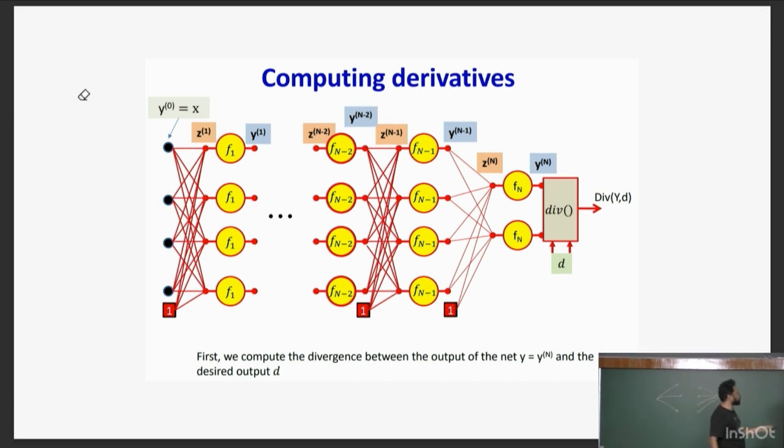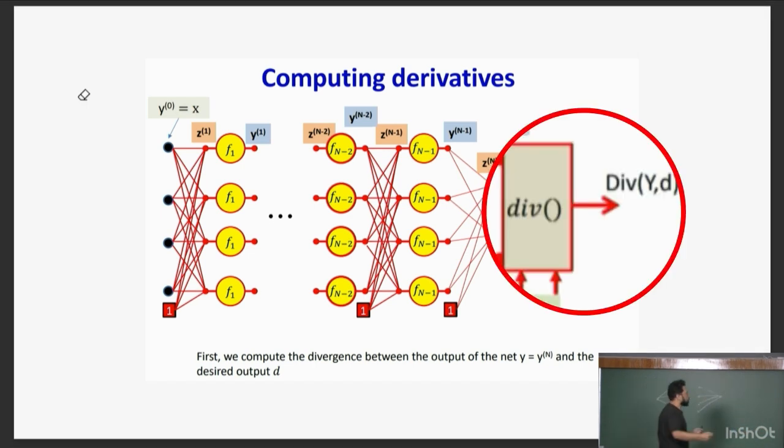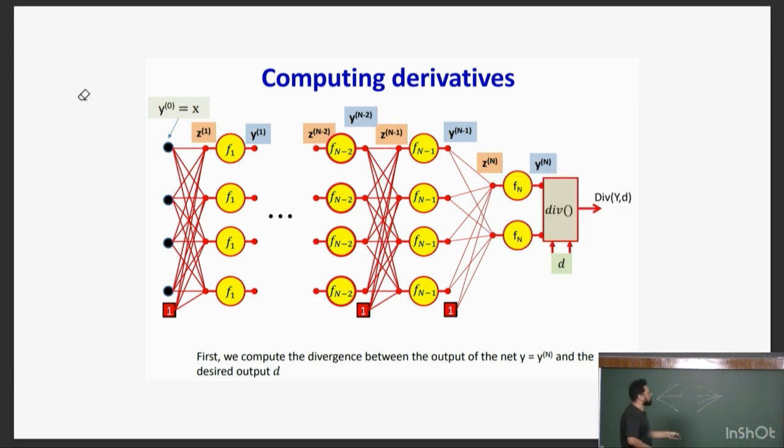So your first step in the chain rule is that you go to the last layer, and there you obviously have the loss function, which is the divergence of y comma d. y is the output from the network, and d is the desired output, and you will now compute the derivative of your loss with the first dependency. The first dependency is yn. Then, having computed the derivative of the loss with respect to yn, the chain rule says you now compute the derivative of yn with respect to zn and multiply it to that.